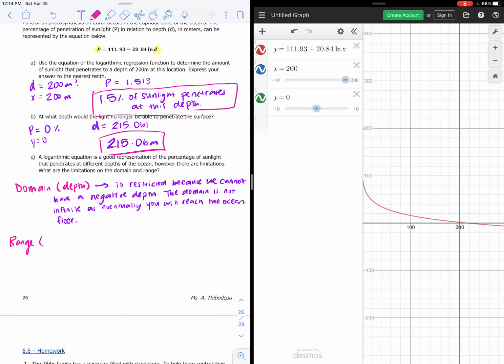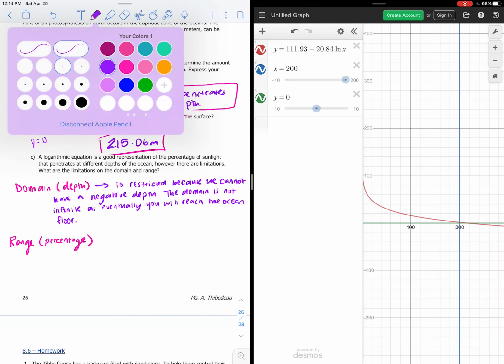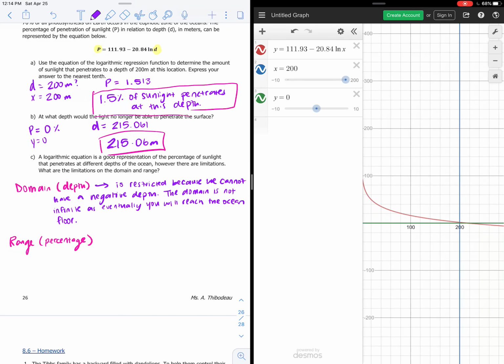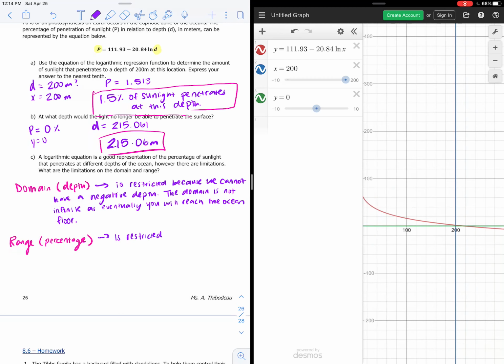In terms of our range, it is our percentage, right? It's a percentage of sunlight that penetrates that ocean at that particular depth. But for our range, it's restricted because you can't have a negative percent, right? You can't have a negative percent of sunlight that's able to go through that ocean.